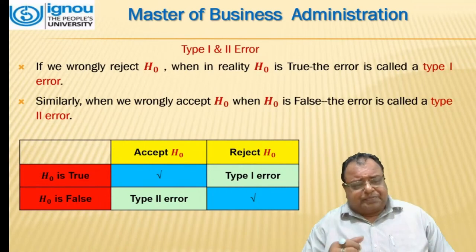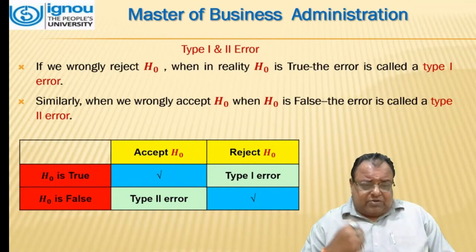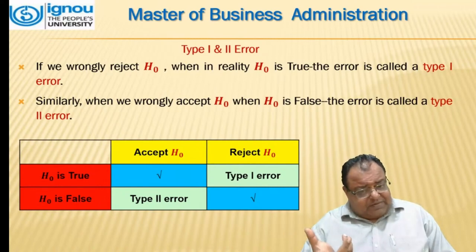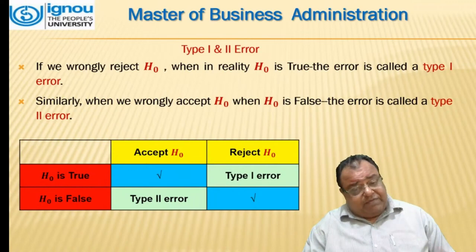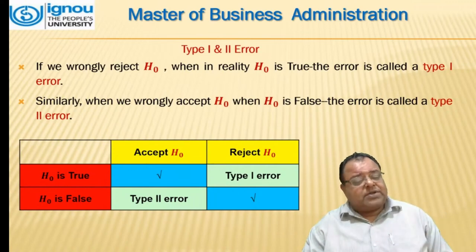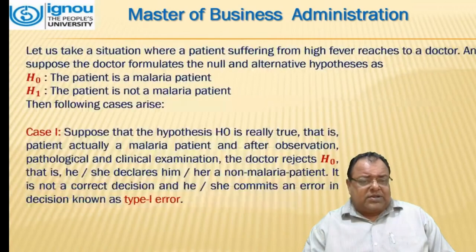Now, you can see if H0 is true, we have to accept H0. If we reject H0, then it is a type 1 error. If H0 is false and we accept H0, then it becomes a type 2 error. We will see how all these are calculated.